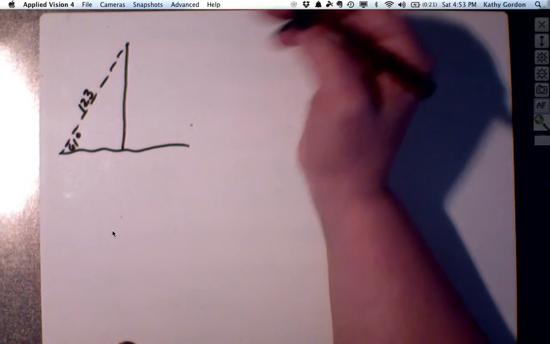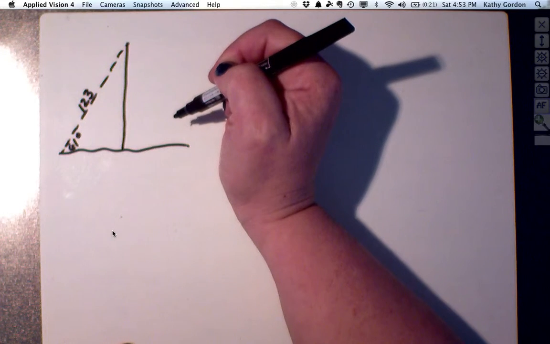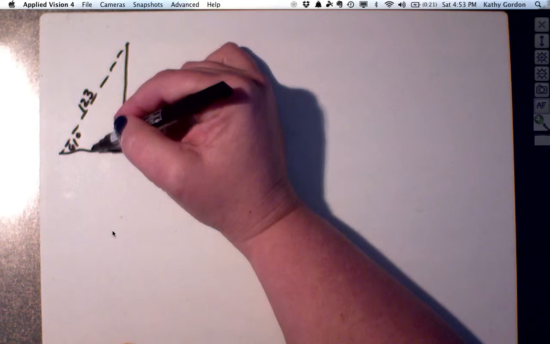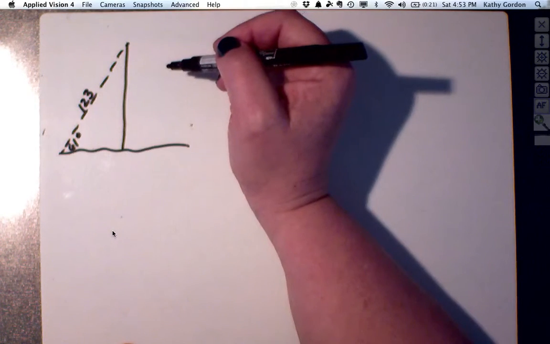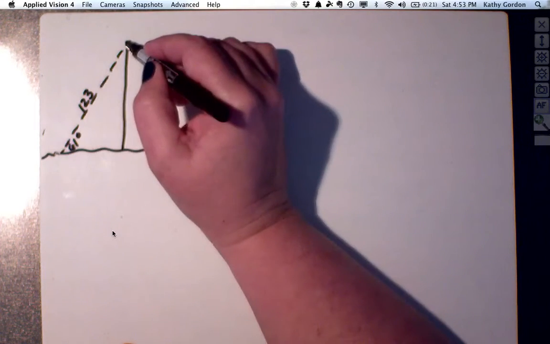Now if the new wire is going to make a 46-degree angle with the ground, do you imagine that it will be closer to the tower or farther away from the tower? I think you can tell it's going to be farther away from the tower.